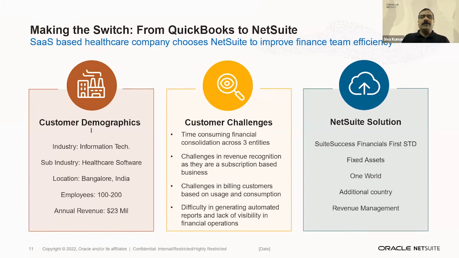If you look at operational efficiency, the challenges faced by this customer were timely consolidation of reports, quickly recognizing revenue so that I can better understand how my resources are being utilized and leveraged, and also doing timely billing and follow-up collections.